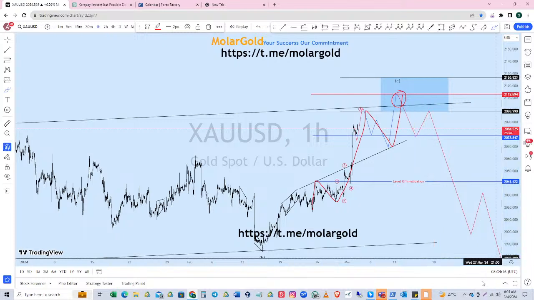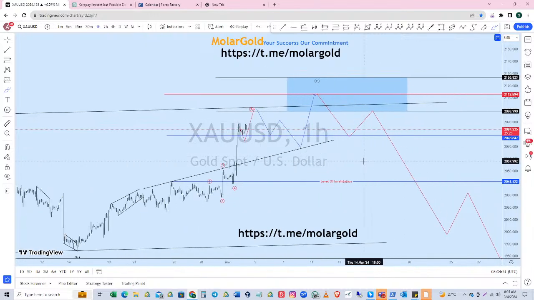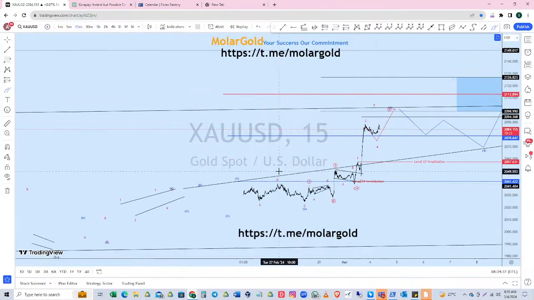That's what we expected. This is what we are expecting for this very week. We are looking for this kind of movement in gold. Once we complete this cycle, we should be thinking about sales.